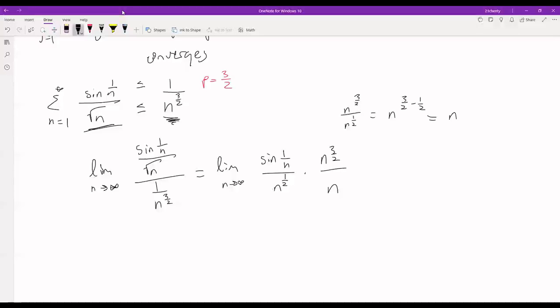So we have sine of 1 over n times n over n, which just cancels out. Or this is 1, my bad, times 1. And we have the limit as n approaches infinity of this.